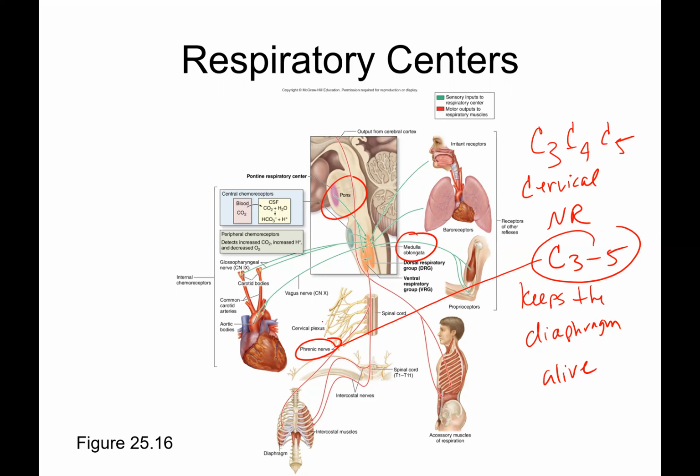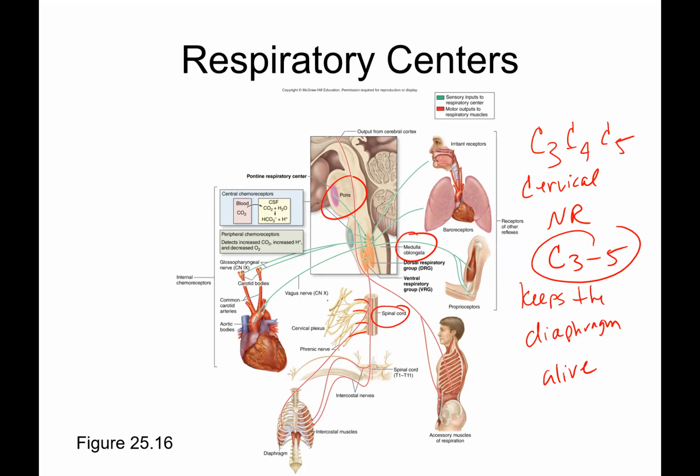Okay, so let's go back to A&P 1, the nervous system, right? There's the spinal cord, which ultimately is connected to the brain. So brain stem, spinal cord. Then you've got the nerve roots that come off of the spinal cord, and just like a tree, they branch, and they branch again, and then they branch a million times, right?